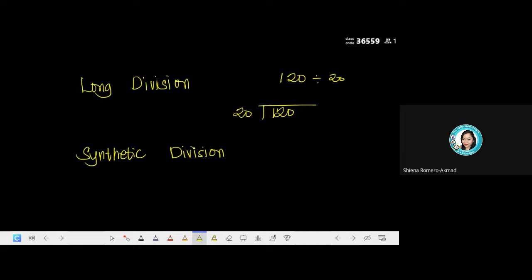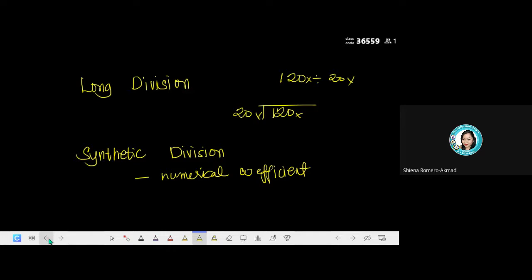While the synthetic division, since it has polynomials, has variables, it has numerical coefficients, we need to include the numerical coefficients only. Yun lang yung kailangan natin in dividing. Whereas, si long division, kahit na may variable yan, kasama siya dun sa typical na type ng division na ginagamit natin before.